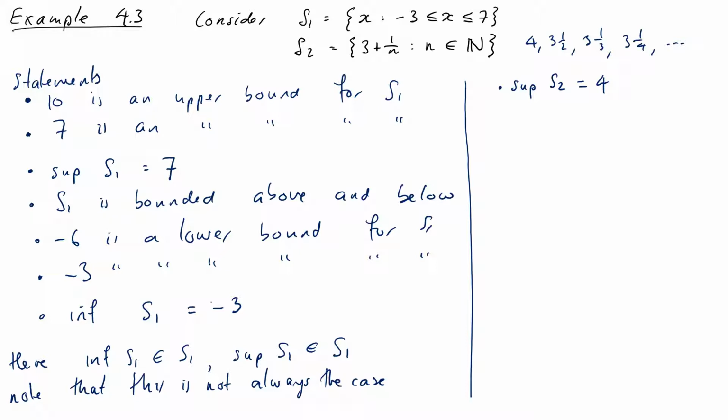And our infimum is going to be 3. Now we'll develop some machinery that enables us to prove this properly, but hopefully it's fairly intuitively obvious that as n gets big, I'm going to get closer and closer to 3, but I'm never going to quite get there, and our greatest lower bound is going to be 3. So we can say that for this set, supremum of S2 is in S2, but the infimum is not.